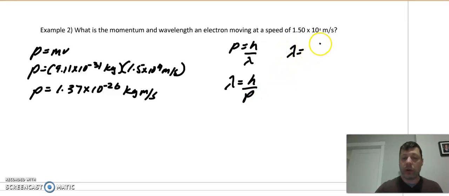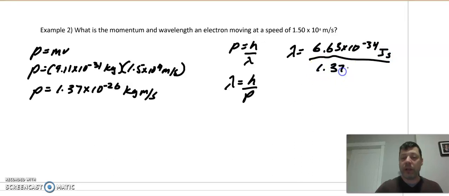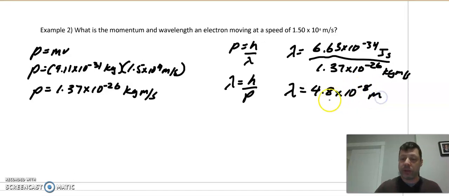So we're going to take that 6.63 times 10 to the negative 34 joule seconds again, and we're going to divide that by the momentum of 1.37 times 10 to the negative 26 kilogram meters per second. And so the wavelength of this electron winds up being 4.8 times 10 to the negative 8 meters.